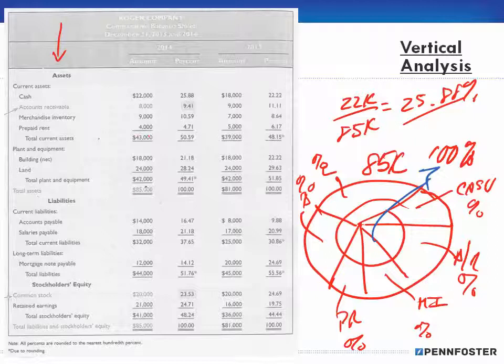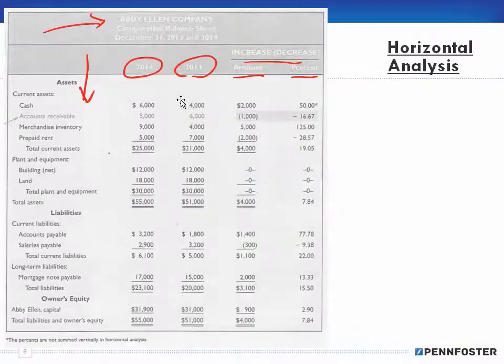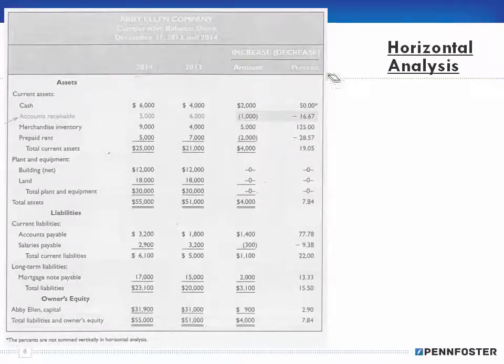In other words, we were using the 85,000 for the year 2014, and 81,000 for the year 2013. Both were considered 100%, and we created our percentages off of the year we were looking at.